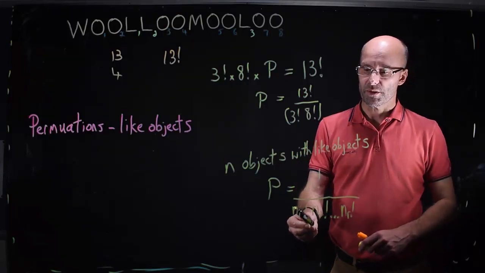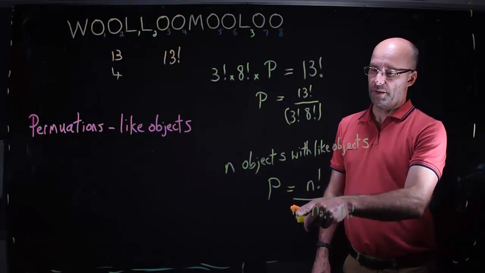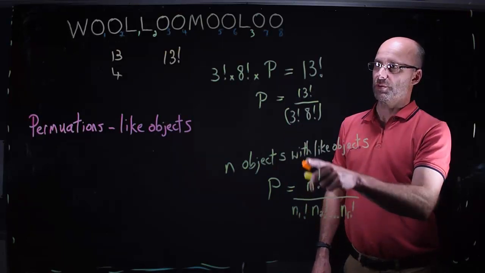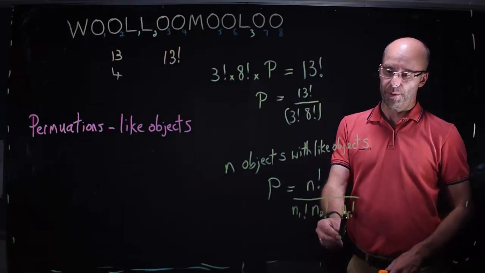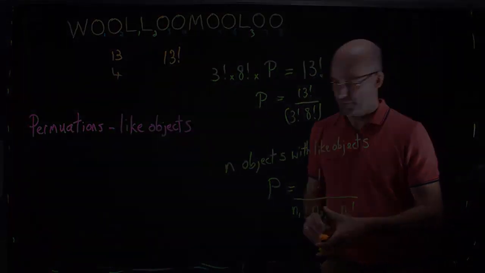They're the like objects. So if we've got, in this case here, we had type 1, which was the repeating L, type 2, which was the repeating O, and we might have more. They are all multiplied down the bottom up to the last one there. So let's have a look at some examples.